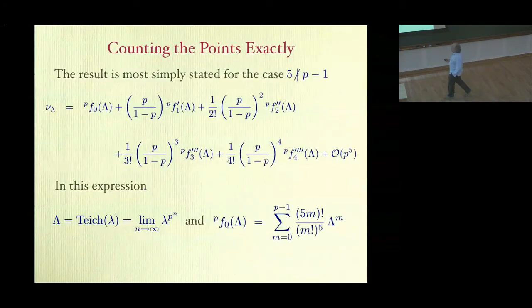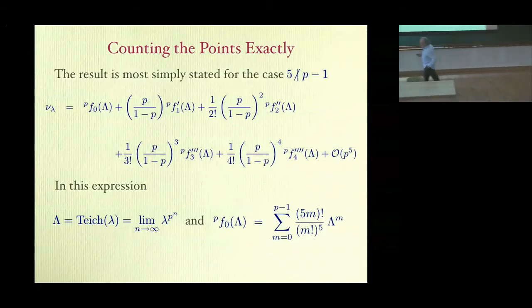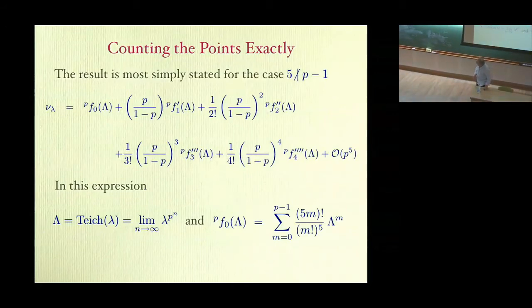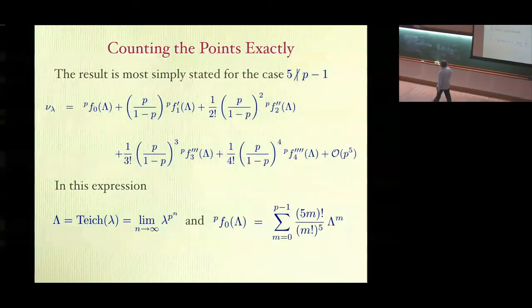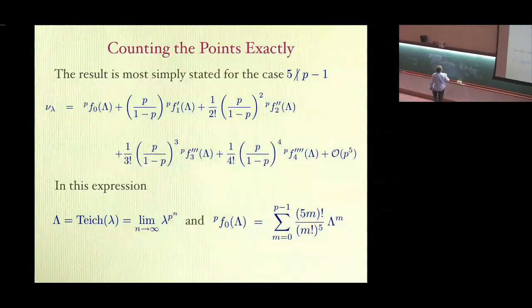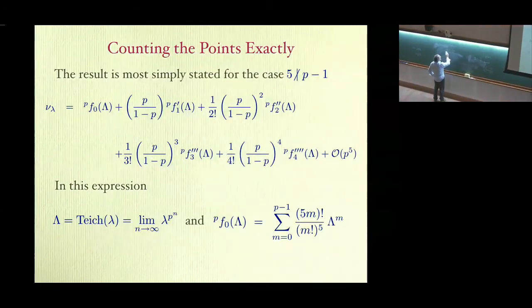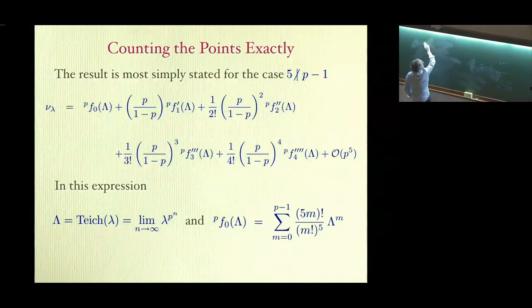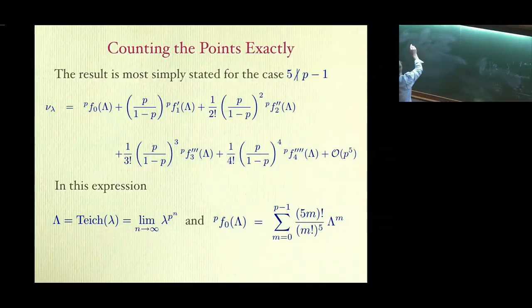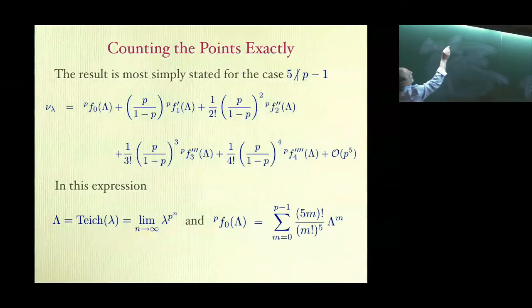And by now, we've probably forgotten what we said were the periods, but let's write it up again. So we said that there was a period, pi naught is f naught.